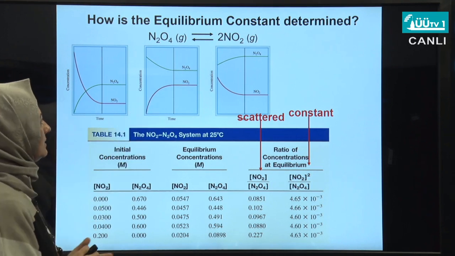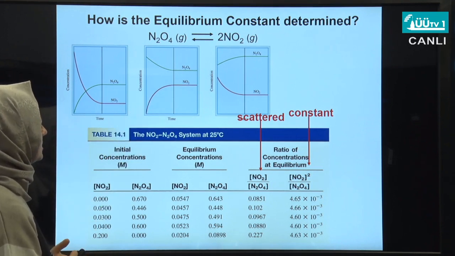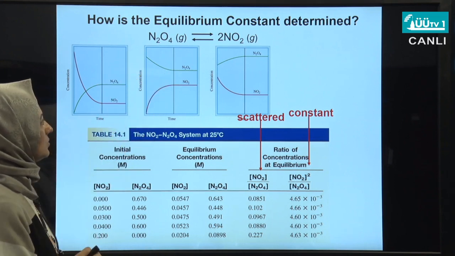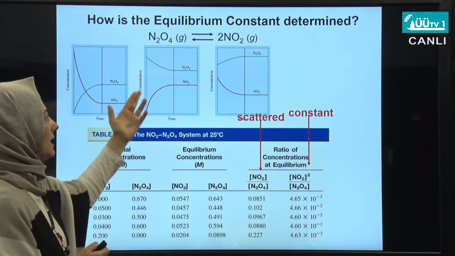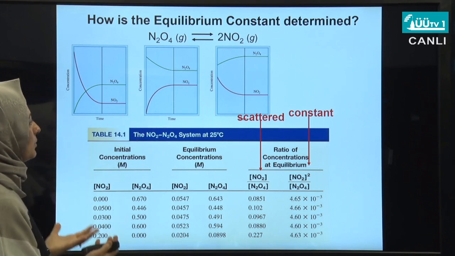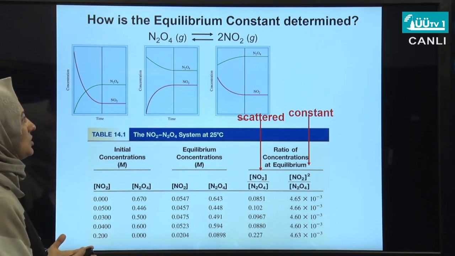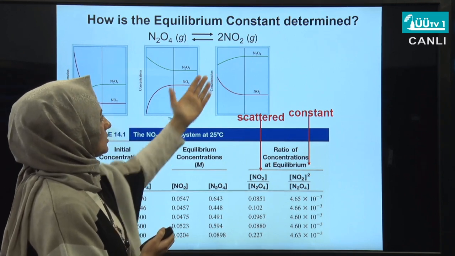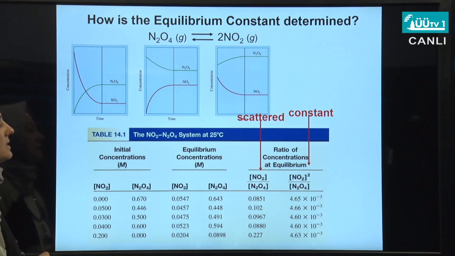Starting with another initial concentration, this time you start only with nitrogen tetroxide and you reach a new equilibrium position with different concentrations. And you can also start with both nitrogen dioxide and nitrogen tetroxide, as you see.